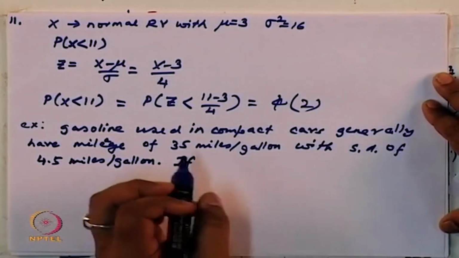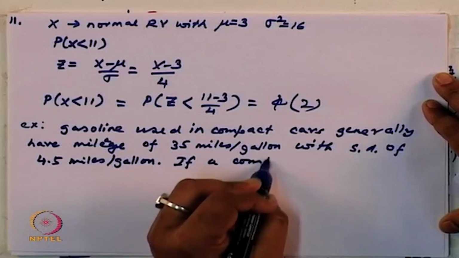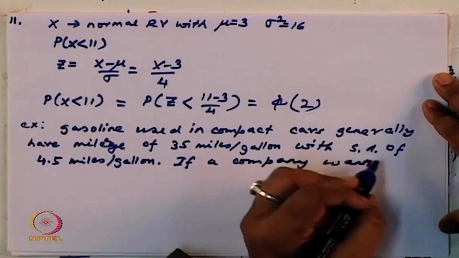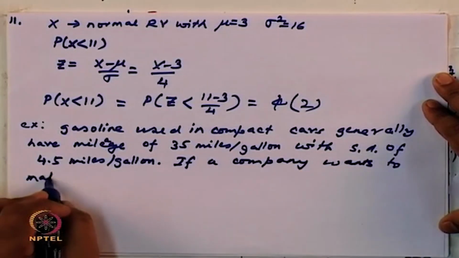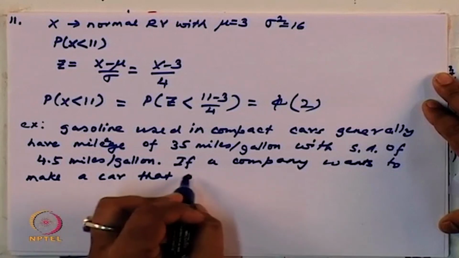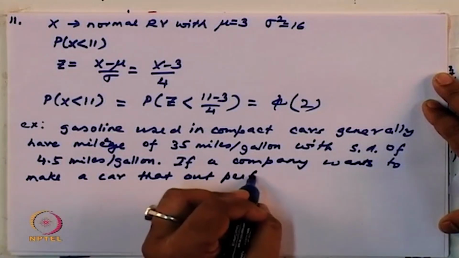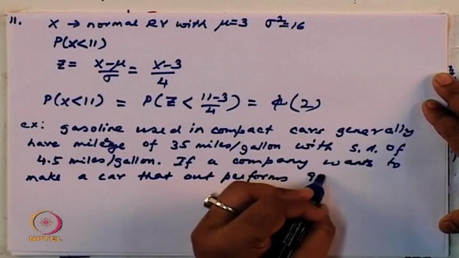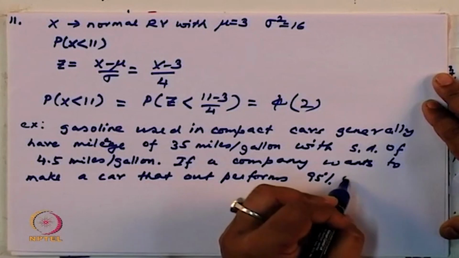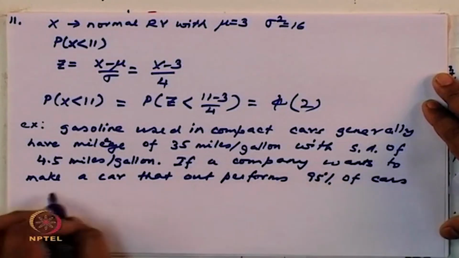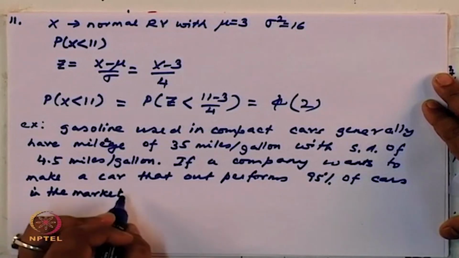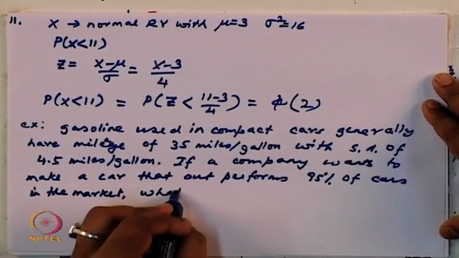If a company wants to make a car that outperforms 95% of cars in the market, what must the mileage be?